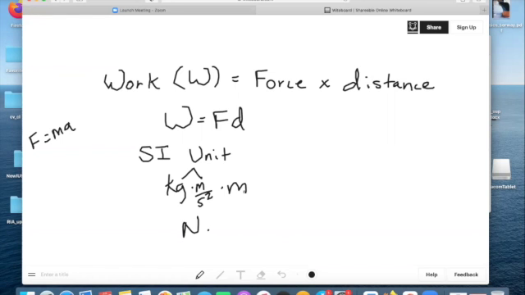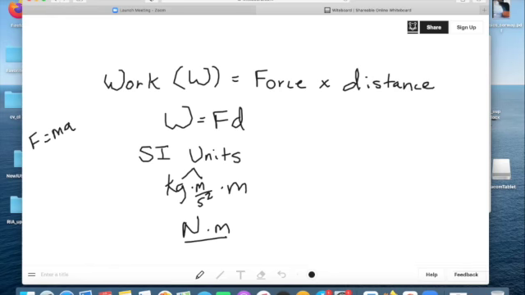And we can just multiply that times the distance in meters to get newtons times meters. This is going to be the simplest form for you to remember for the SI unit for work. Force in newtons times the distance in meters. So this is the SI units.